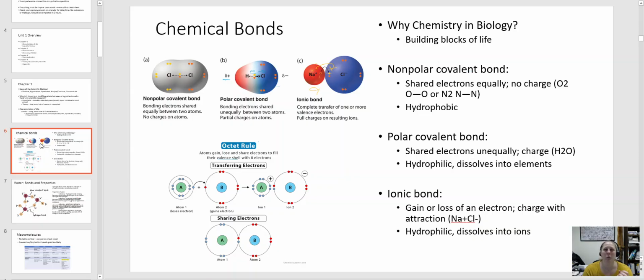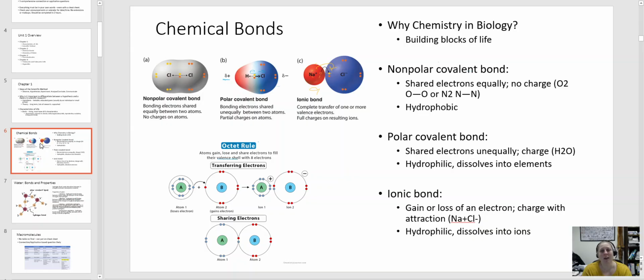Remember, this would be like Dwayne "The Rock" Johnson playing tug of war with Kevin Hart. Kevin Hart is not giving up, but he is not going to be able to pull the rope as close to himself as The Rock will. Okay, these are often hydrophilic and they dissolve into their elements, and they're going to interact with water in different ways. They might pick up the hydrogen molecules from the water. There's other things that happen there.